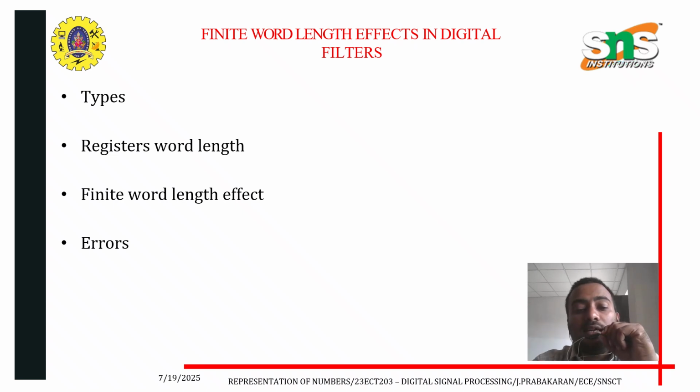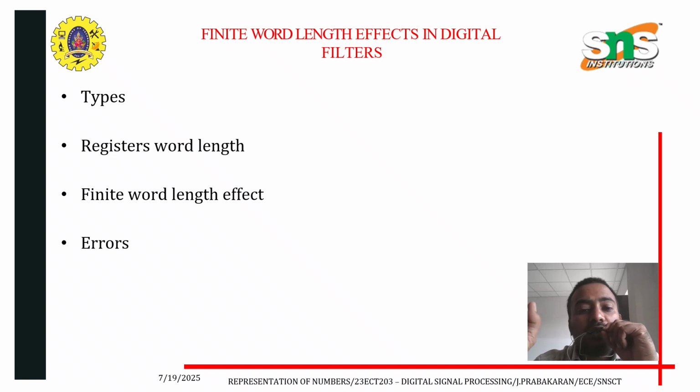If the register used to store the result is 8-bit, then the result has to be truncated or rounded. Truncated or rounded means a quantization process to accommodate it in the register. This makes the system non-linear, which leads to limit cycle behavior.